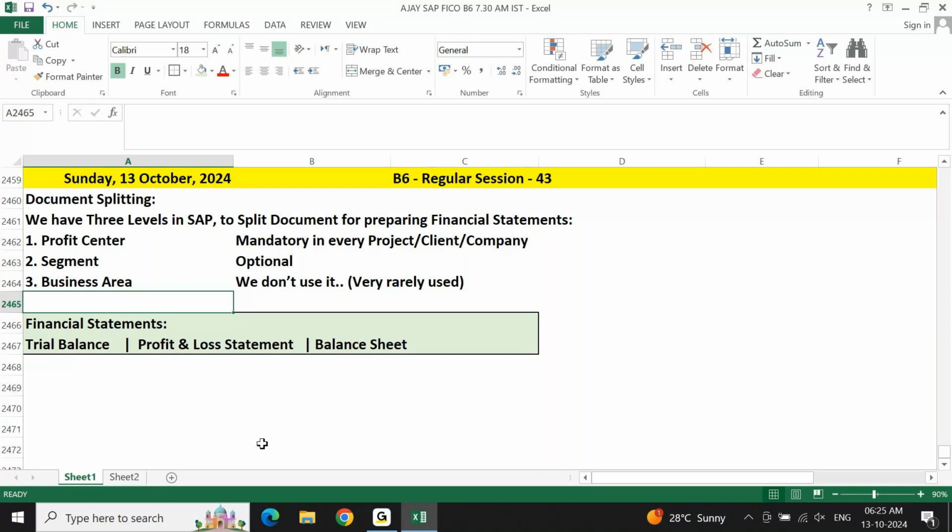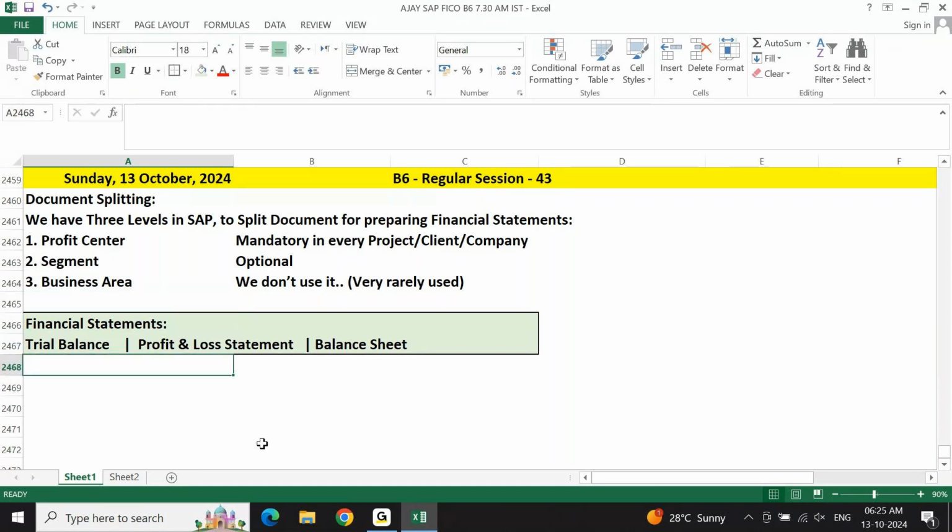Likewise, any accounting related report that you generate in SAP can be bifurcated as per your segment, your profit center, or your business area. The reason is that at every accounting document, debit and credit level, these are being updated and becoming zero at a transaction level with this filter. These things we need to understand.